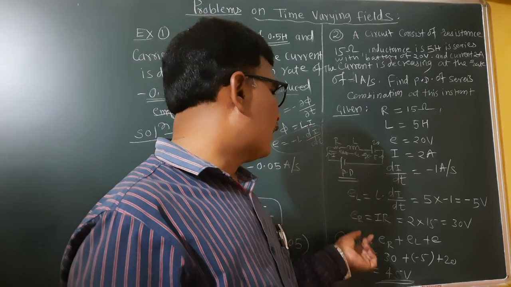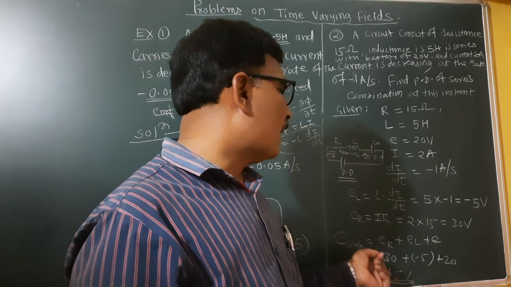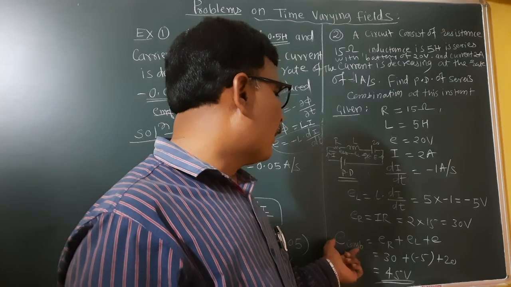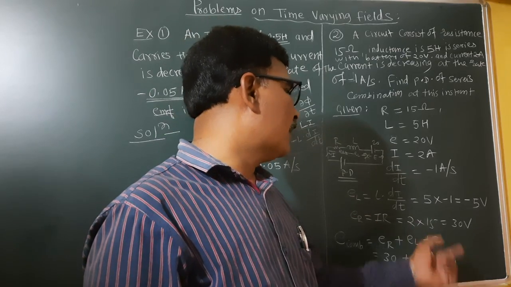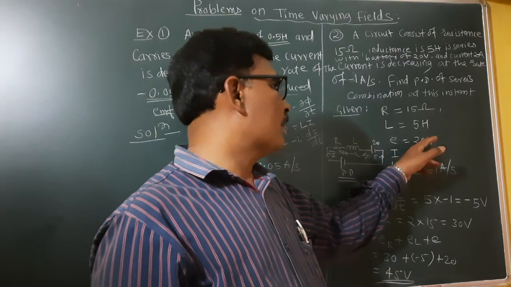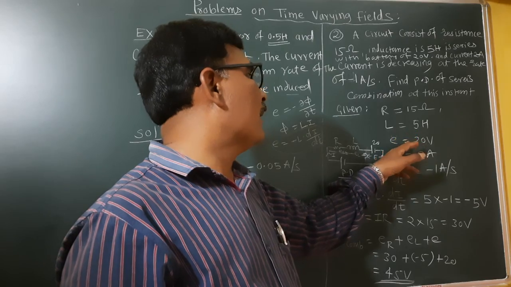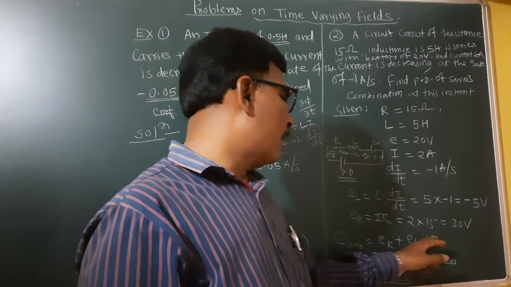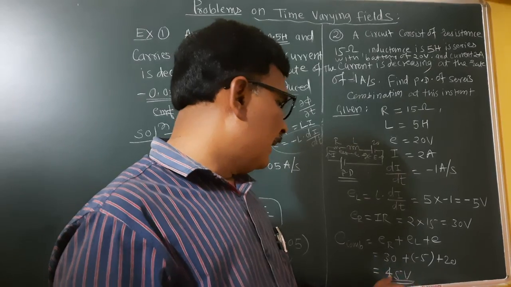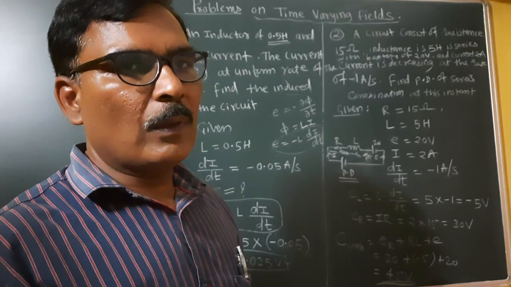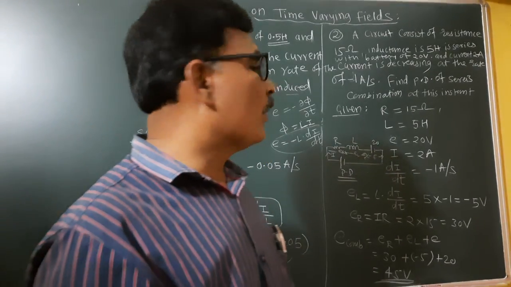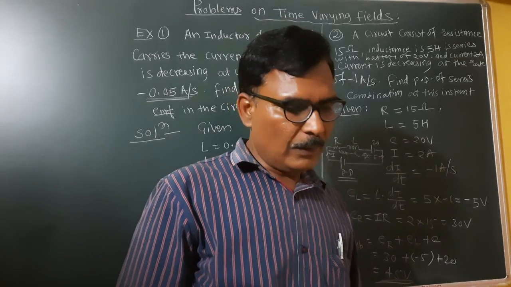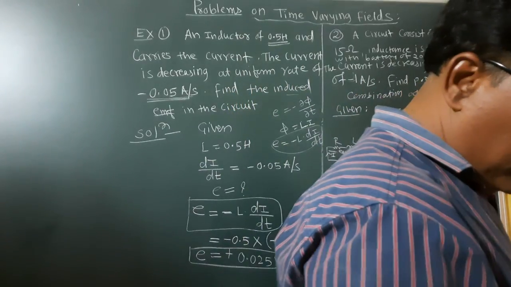Across R it is I into R, and the combined EMF is ER plus EL plus E, where E is the battery EMF of 20 volt. Adding these three gives 45 volt.